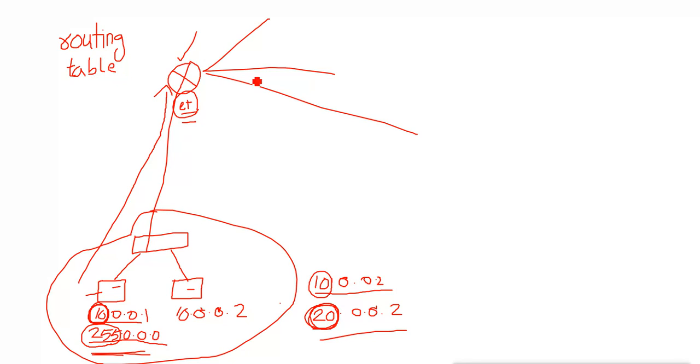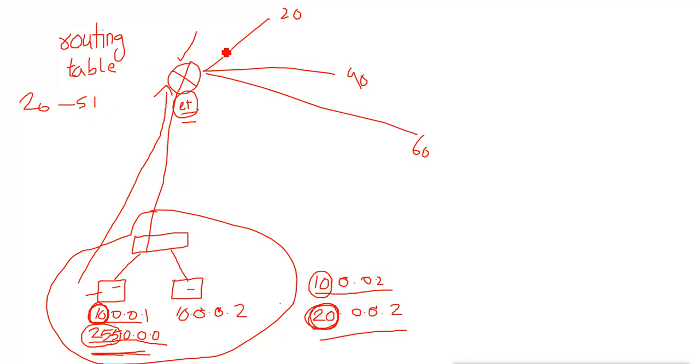So in this routing table it is written like, for network 20 you will go from this interface, for network 40 we will go from this interface, for network 160 you will go from this interface. So in the routing table it is written like this: for network 20 you will go from this port, serial 1.